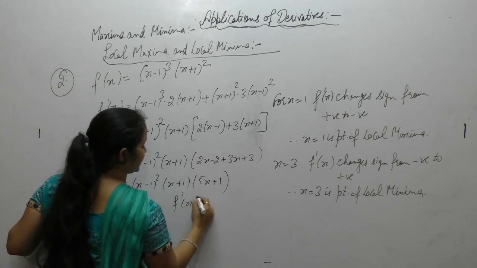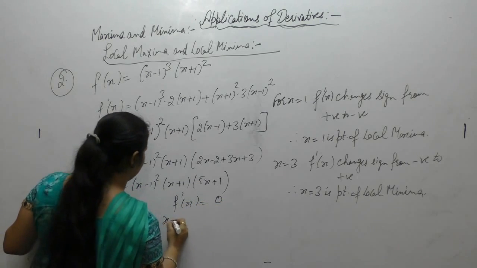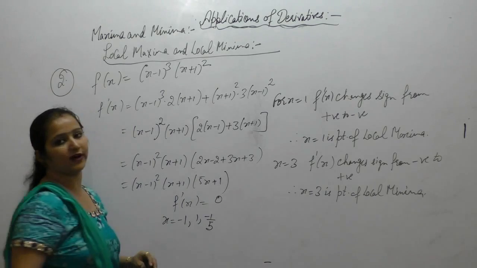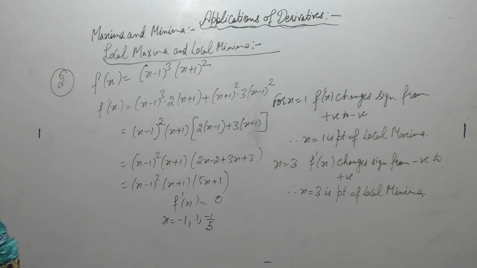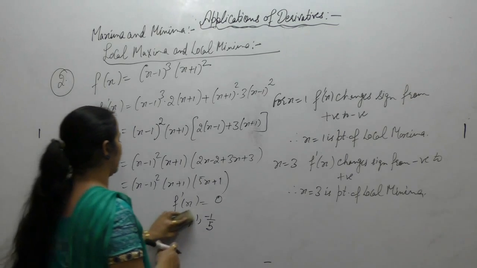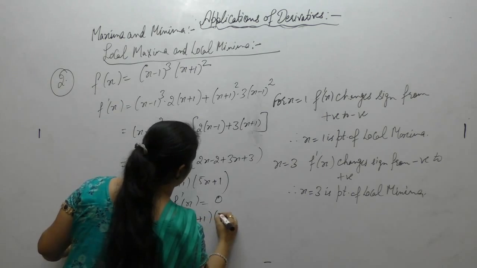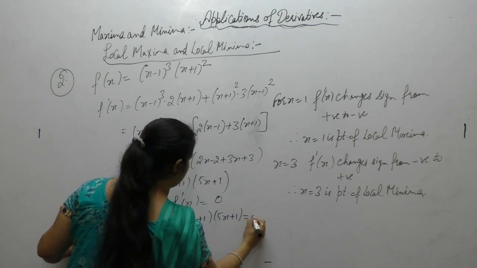Now put f dash x equals 0. Then we get x minus 1, 1 and minus 1 upon 5. Clear? जब हम डेरिवेटिव को 0 के इक्वल रखेंगे, x minus 1 whole square, x plus 1, 5x plus 1 equals 0.